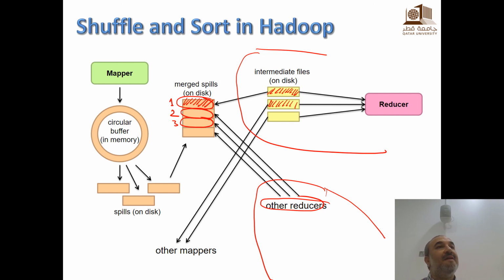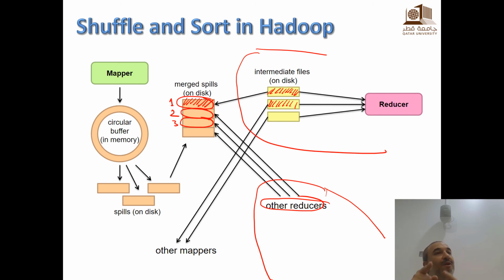Yes. We said the mapper is running on the same machine as the data store to not transfer data. Not always, by the way. This is the ideal case. So in this ideal case, because we don't have as many reducers, where is the reducer? Is it on the same machine? It can be on the same machine or not, but by the way, it doesn't matter. Why?